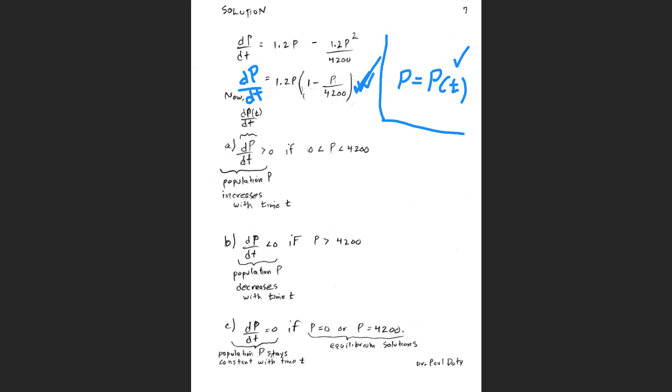So, the first question was, when does the population increase? Well, when dP/dt is greater than 0, this means the population p increases with respect to time.